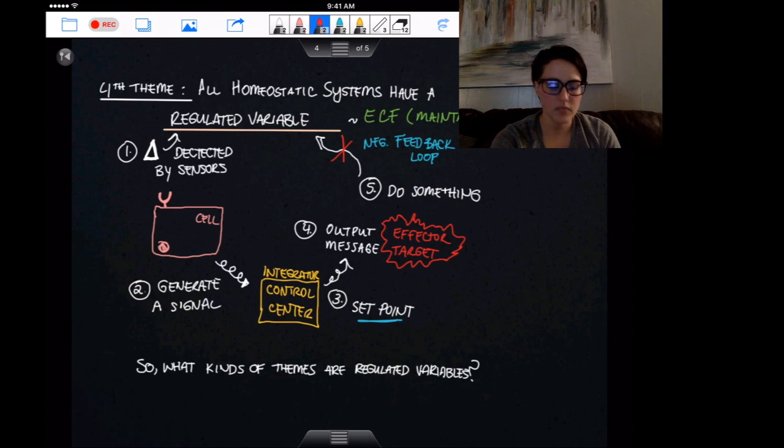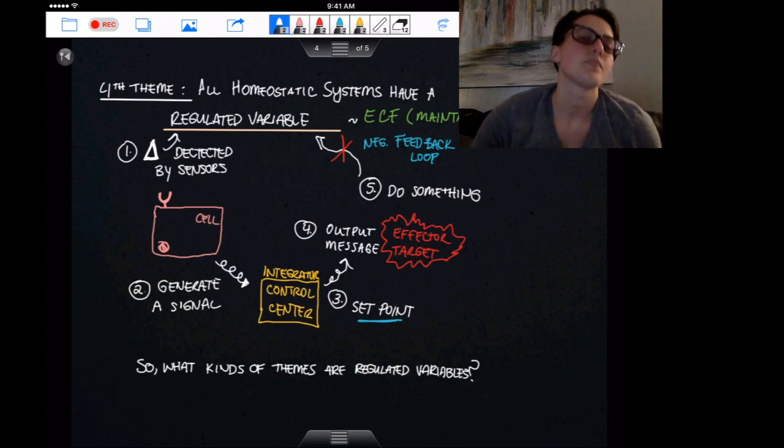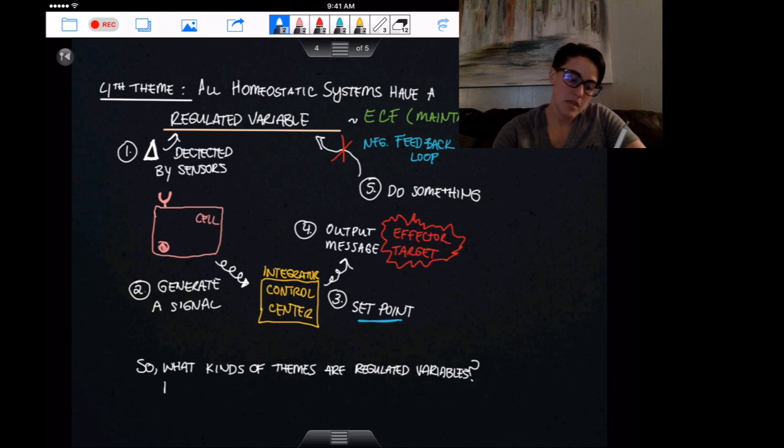Okay. So what are some examples of regulated variables? Some examples would be pH, like acids and bases in the body.